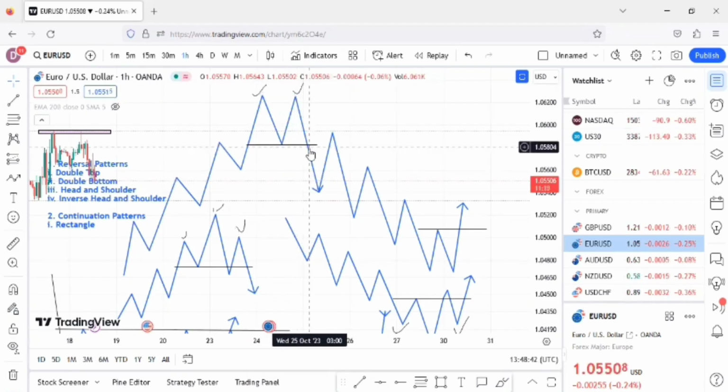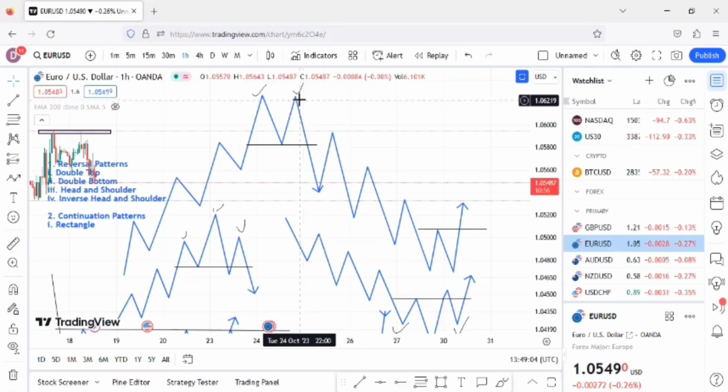This place will be your entry, while your stop loss will be at the top here. The moment you have a break of this neckline and close, we call this black line the neckline. So the moment you have a break of that neckline and close, you have your entry here, then you place your stop loss above here.